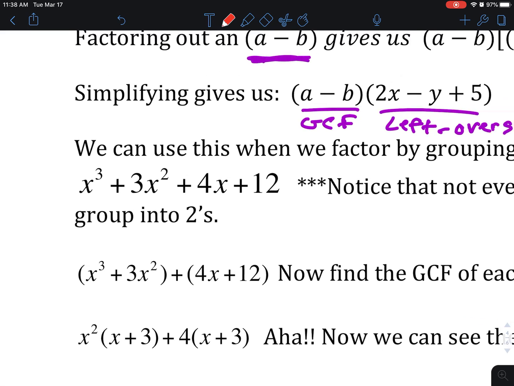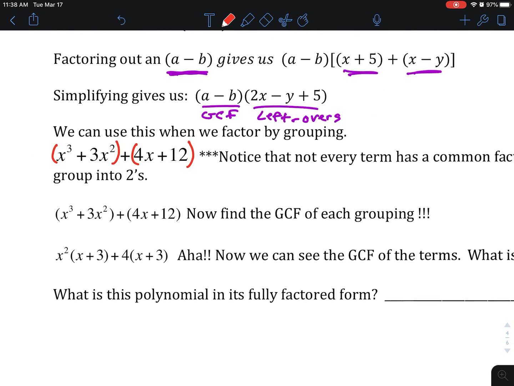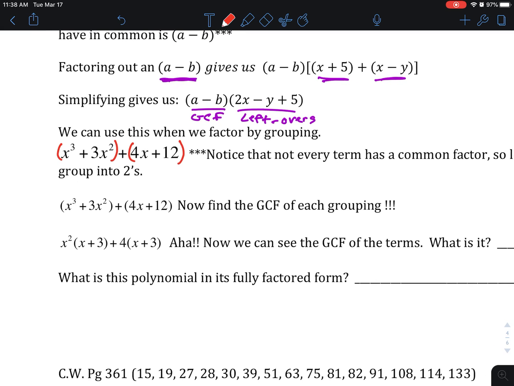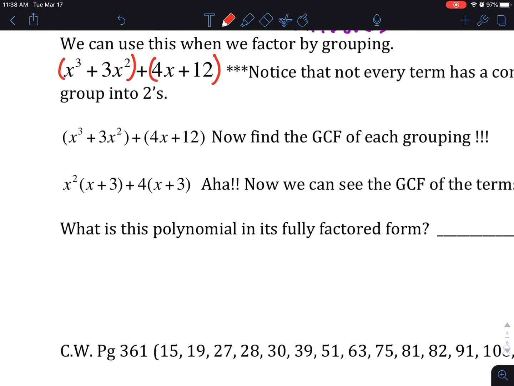So the next thing we're going to do with a four-term polynomial is what's called 2 by 2 grouping. We separate those four terms into two groups of two, and we find the GCF for each group. Here's my first group, x cubed plus 3x squared.